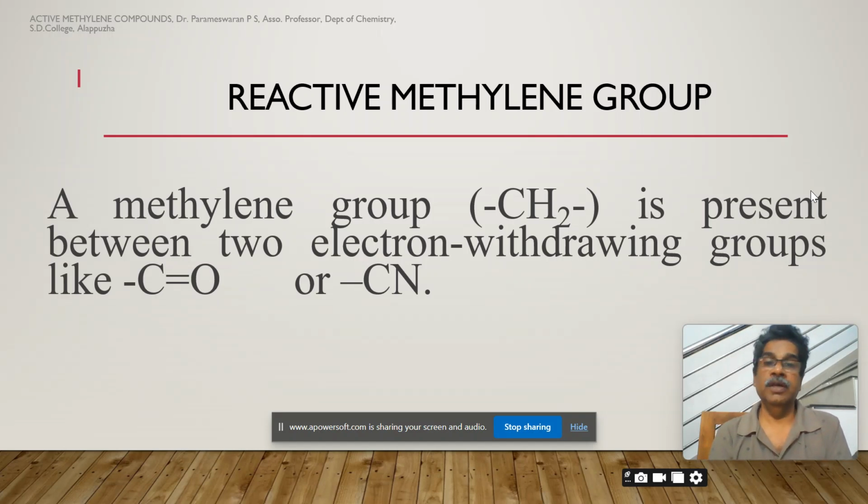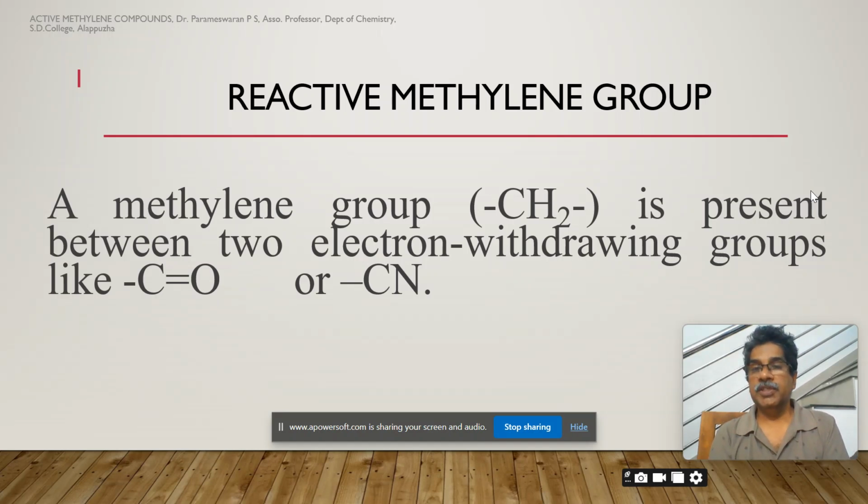So it is more labile, meaning the H from the methylene group is easy to remove. That means it is very reactive.